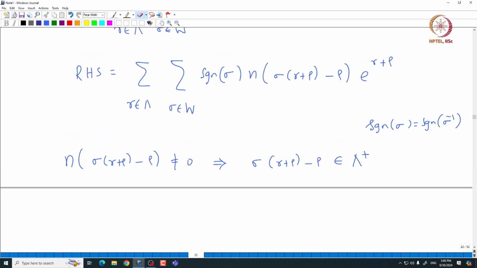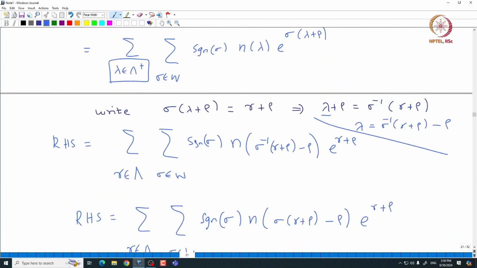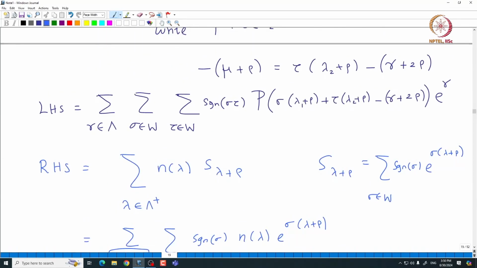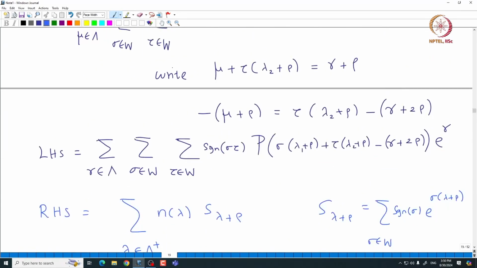So, note that this n of sigma gamma plus rho minus rho is non-zero, that implies that the sigma gamma plus rho minus rho must be dominant. Let us go back to our left hand side. So, we have substituted mu plus tau of lambda 2 plus rho to be gamma plus rho.